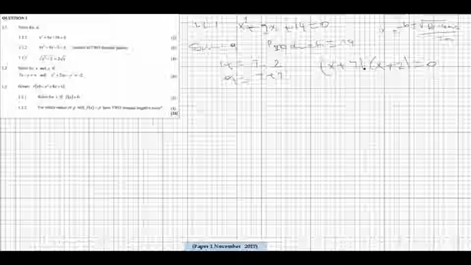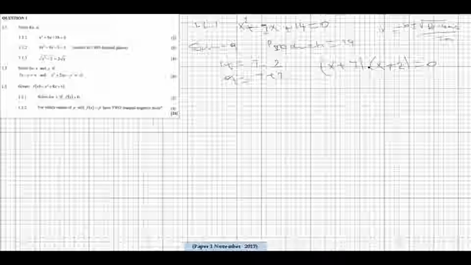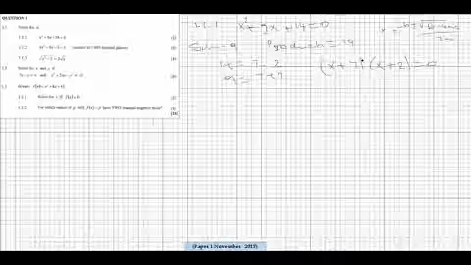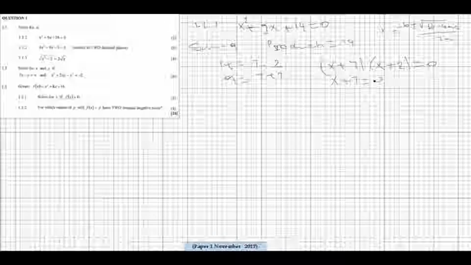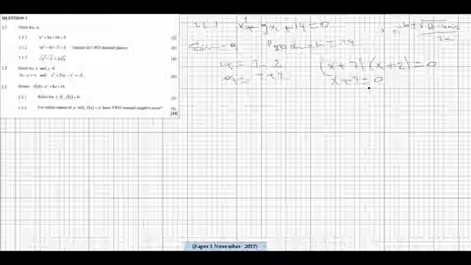If we expand this, we are going to get that. The reason we are using factorization is to obtain two factors, so that I can let each factor equal to 0 and solve the equation quicker and easier.